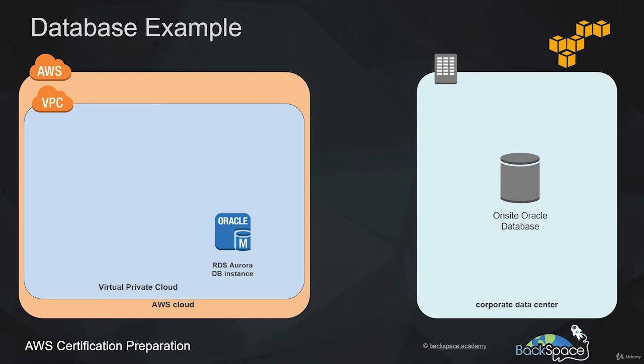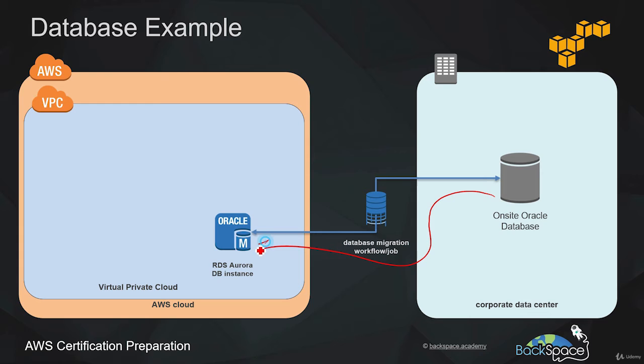And remember, a VPC is our own private space within the AWS cloud, and no one can enter it without us allowing them to enter. We could use a database migration service to migrate the data in that on-site Oracle database over to a target RDS Amazon Aurora server.